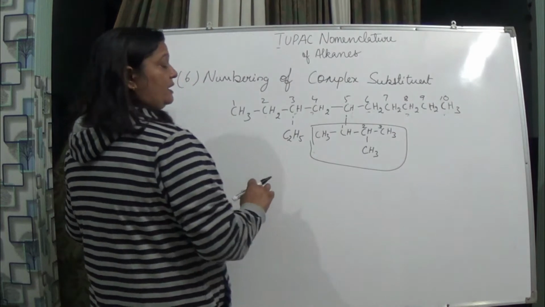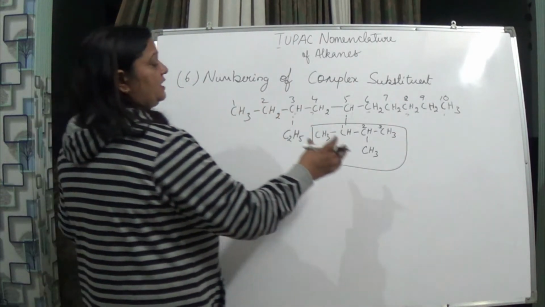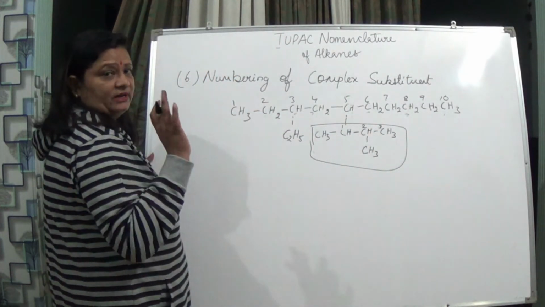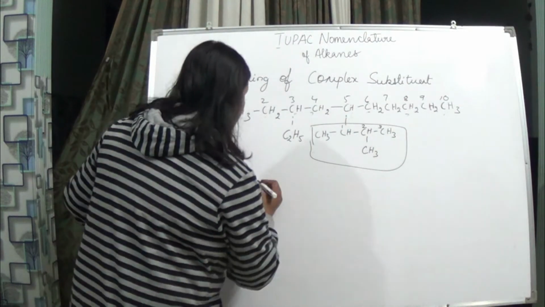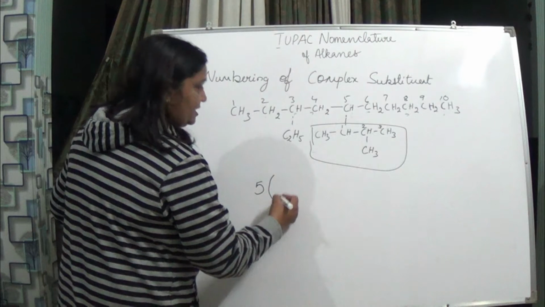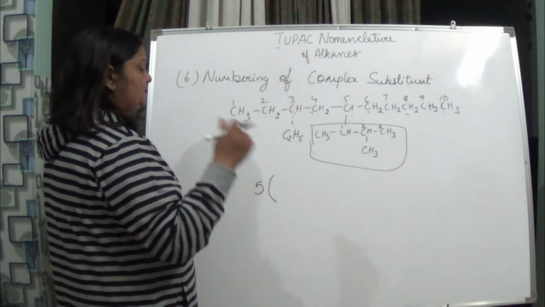So how can we write the name of this complex chain? First, the name of the branch which is making the chain complex is to be written. It is in the fifth position, so we will be writing fifth position over here. This chain which is branching and sub-branching goes in the parenthesis, in the bracket.